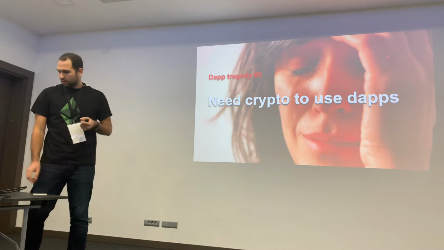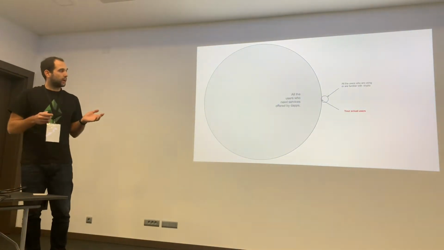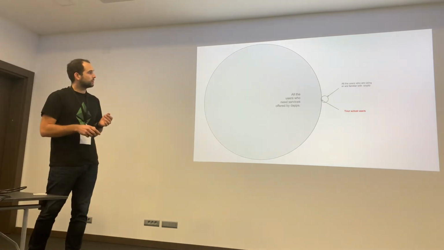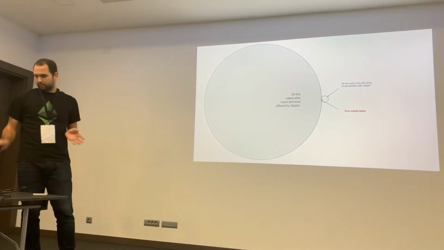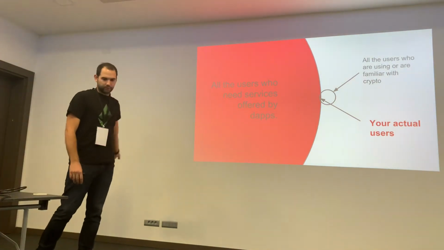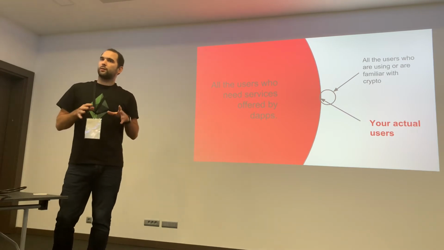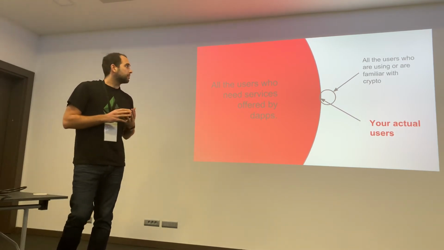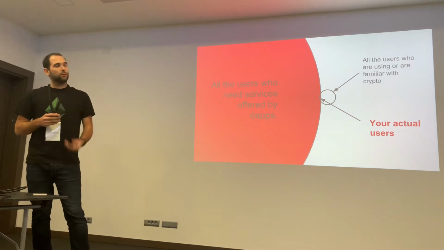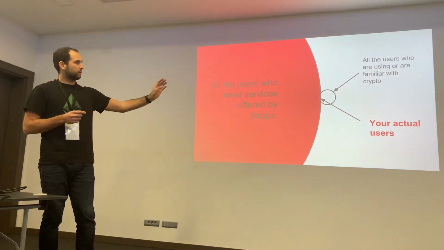So in the end, what happens is this: we have the whole market, or let me zoom this for you. We have the whole market of users that would actually need your service, the service of your dApp. But because you demand that your users have crypto, you're just targeting this small circle.